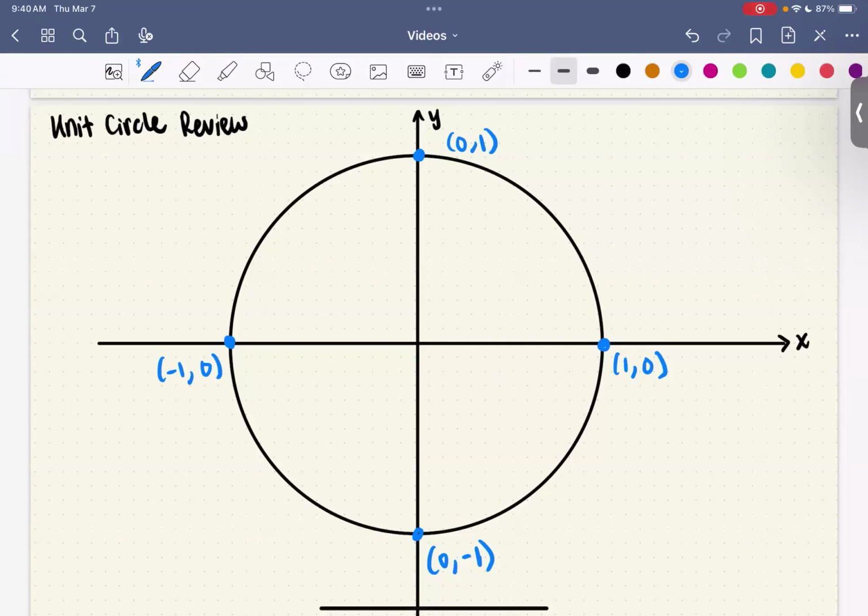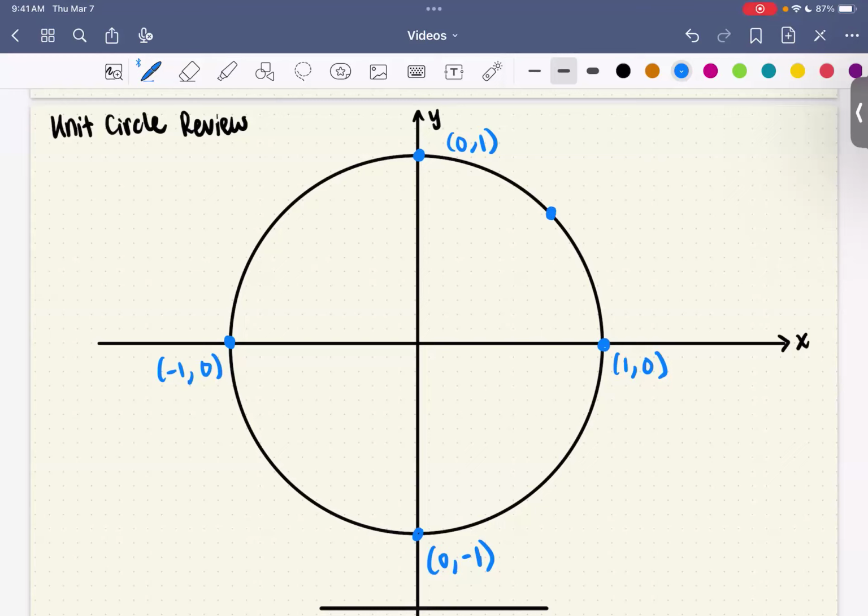And there's some typical angles that get memorized on the unit circle. So I'll write down a few of them, and then we'll talk about how to evaluate. The first ones I like to draw are the pi/4 angle.